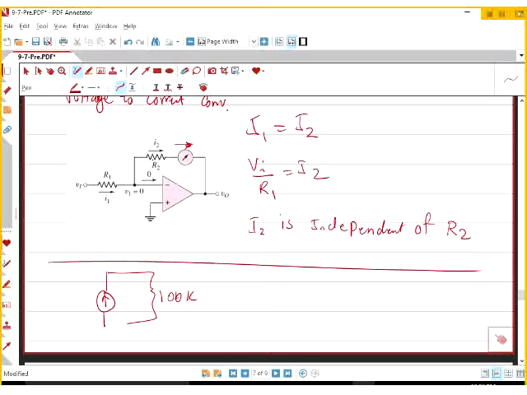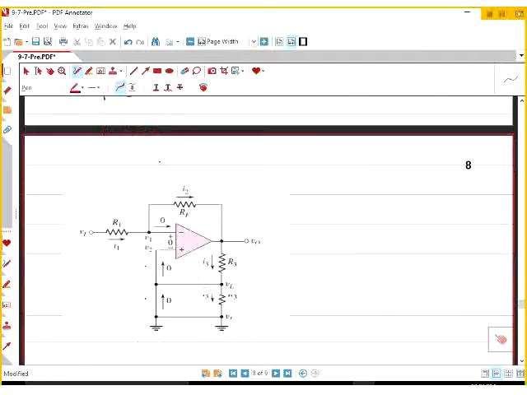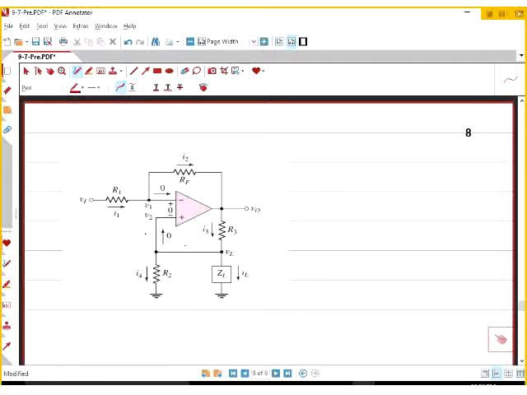However, I don't like this current source. Why? Because your load is floating. Why is it floating? Because it's between two different components. Most of the time, the load has one side connected to the ground, right? Now, I'm going to introduce this circuit to you. This is also a current source.